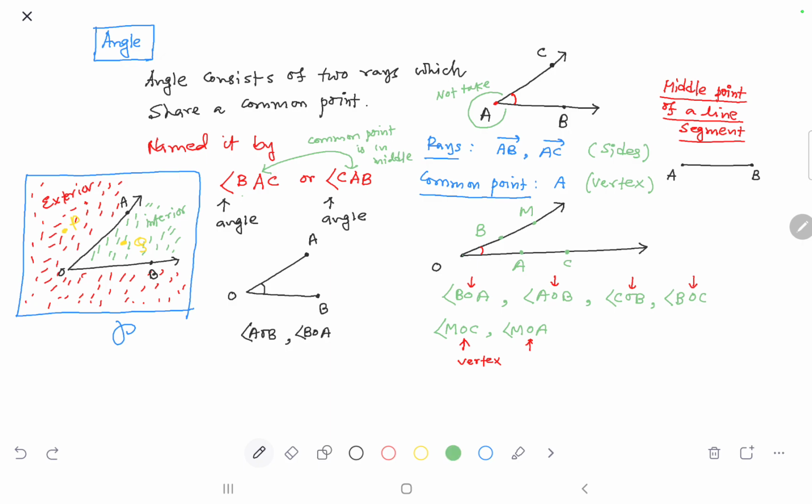The middle point means a point that lies on the line segment such that the lengths of the two parts are equal, right? Yeah, that is the idea. Or you can say if you take two pieces of line segment and join them at the point M, you get the whole line segment AB, right?